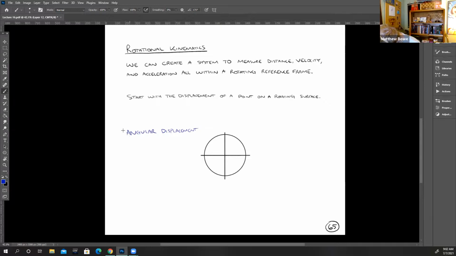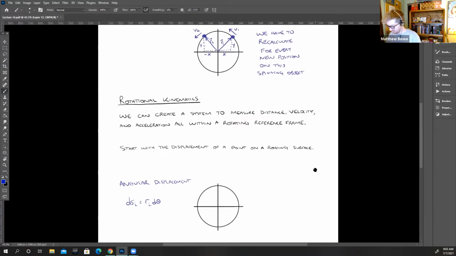That is just a sort of sliver of how this thing is changing, sort of an arc length. So let me write it out first. This is the radius times the angle moving through. Okay, let's do that same exact type of path that I did up here with point 1 and point 2. Point 1, somewhere right there. Point 2, somewhere right there.